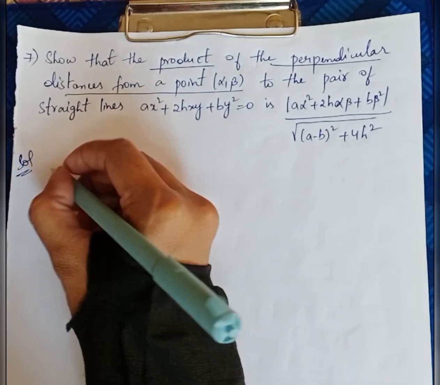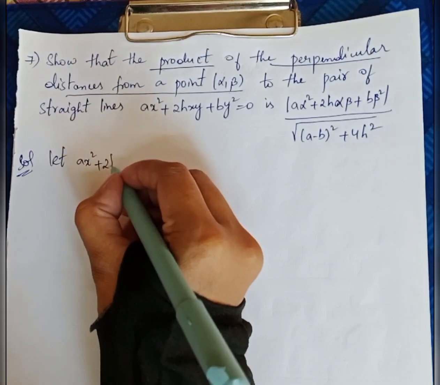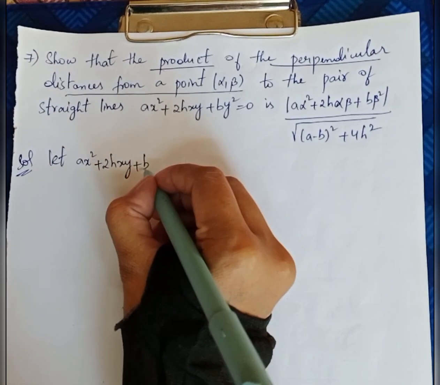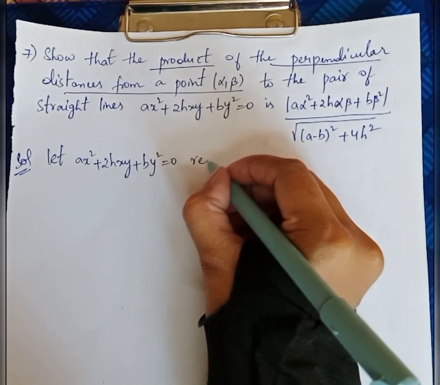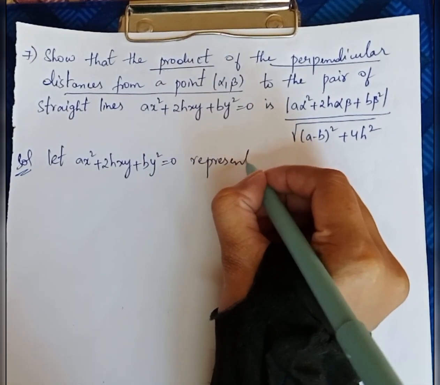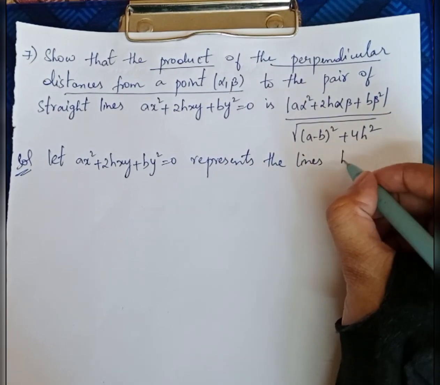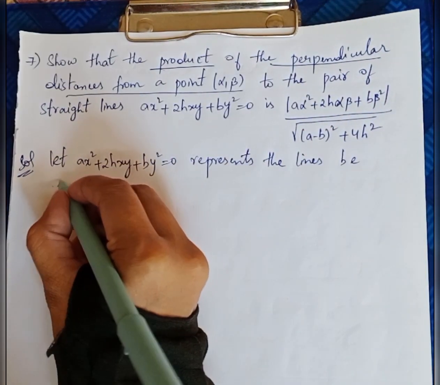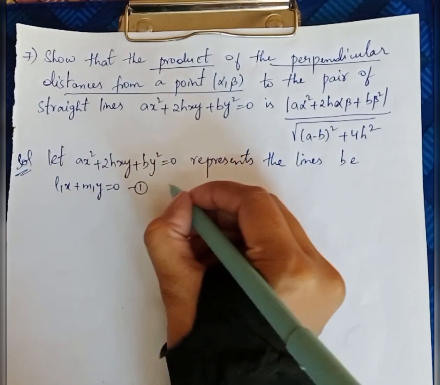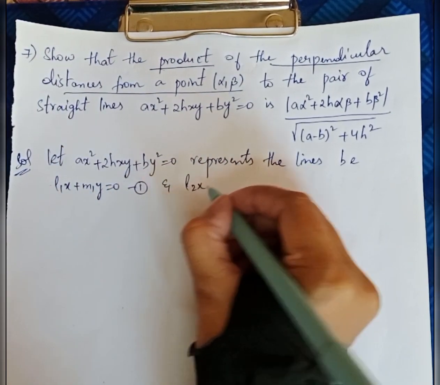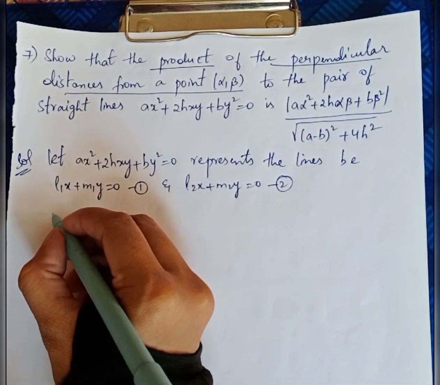Solution: let ax² + 2hxy + by² = 0 represent the lines L1x + M1y = 0, equation 1, and L2x + M2y = 0, equation 2.